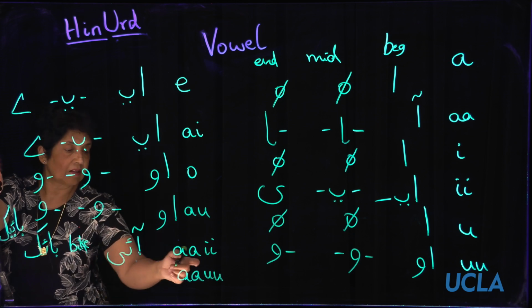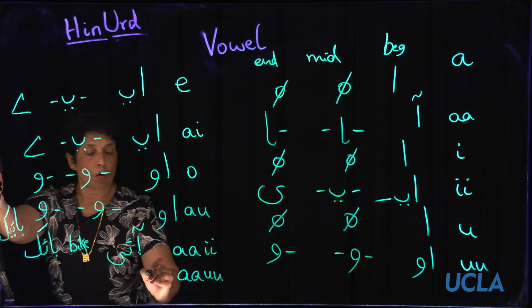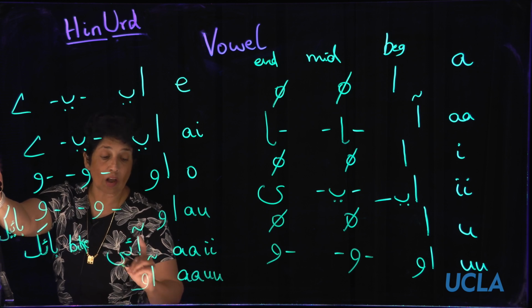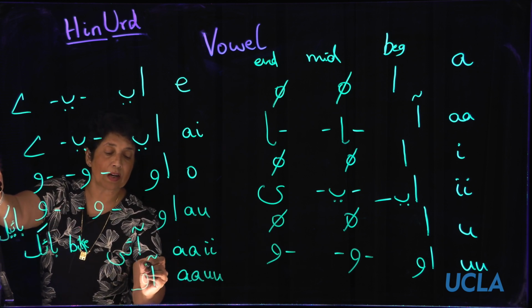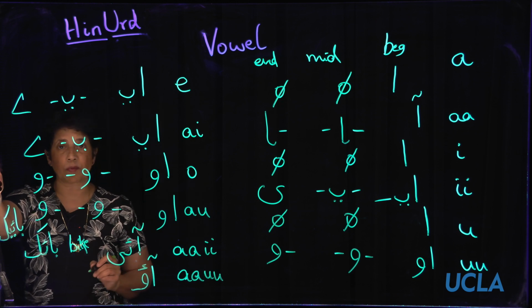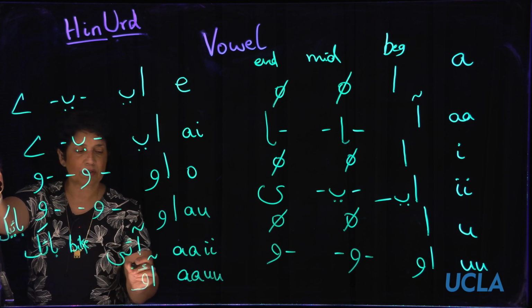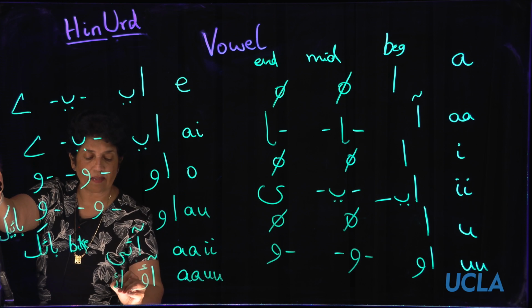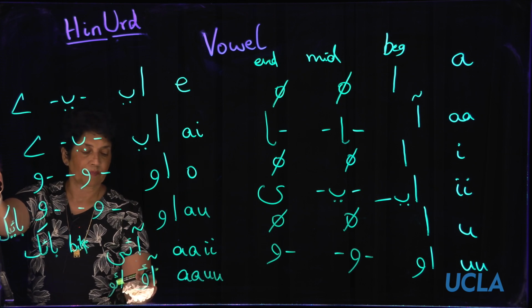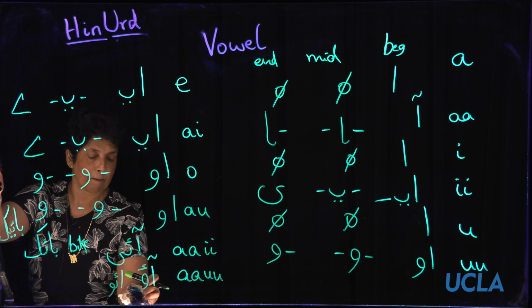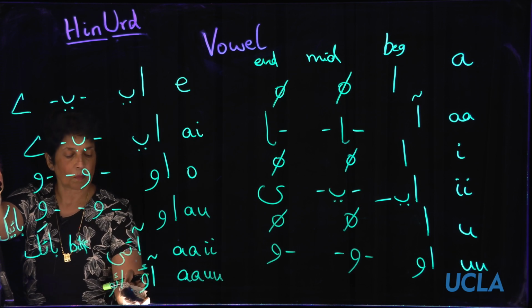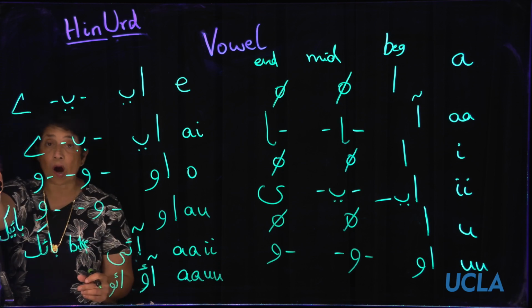Similarly, ow will be ah, and then there are two things. You could put a hamza directly on top of the oo. It's allowed. Or you could put a placeholder for the hamza and then put the oo. So that's ow.